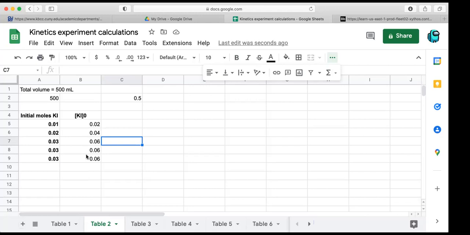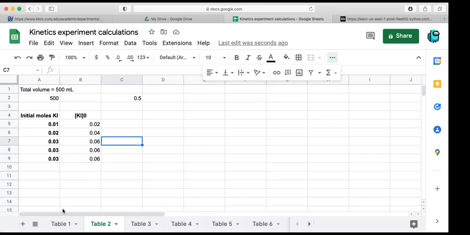But in experiments 4 and 5, it doesn't change from 3. 3, 4, and 5 are the same, so there's no change in KI. So any change in the reaction rate can't be because of KI for experiments 3, 4, and 5. It has to be from something else. Whereas for any change from experiments 1, 2, and 3, KI could be a factor in affecting how fast the reaction is.